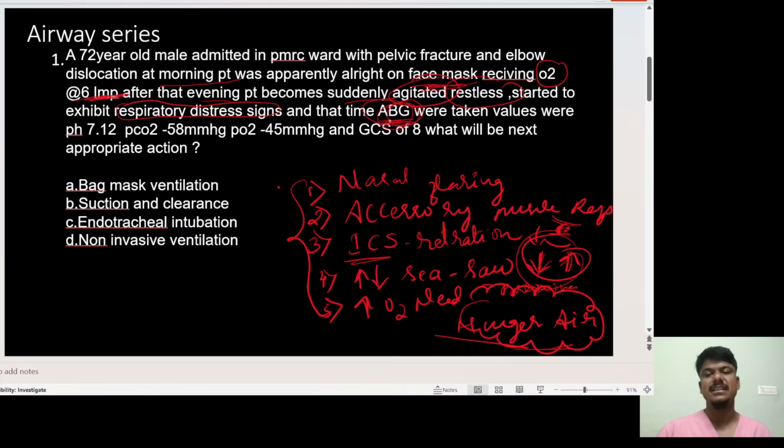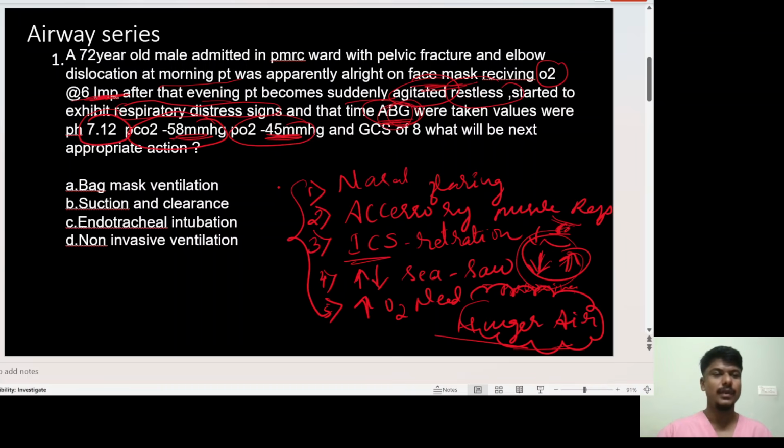The consecutive ABG value shows pH 7.12, PCO2 of 58 mmHg and PO2 of 45 mmHg.